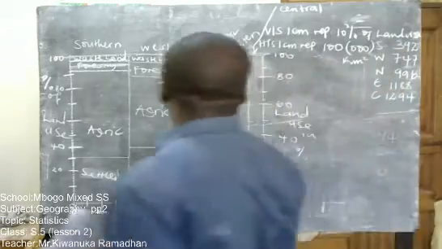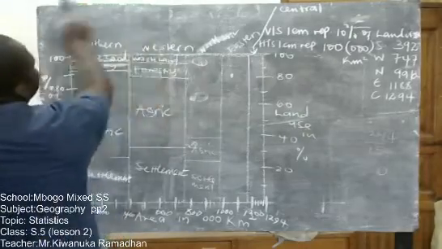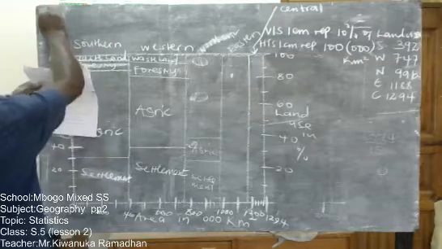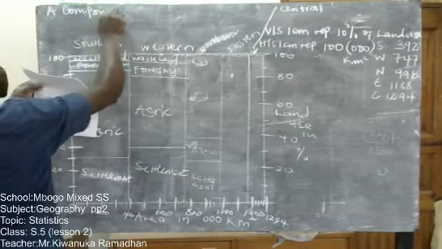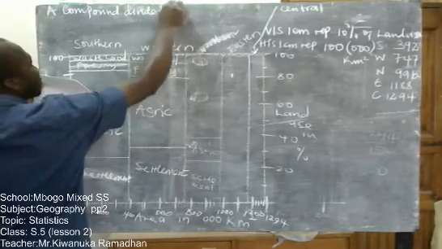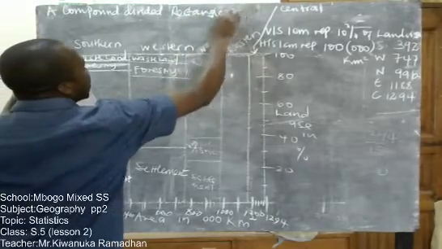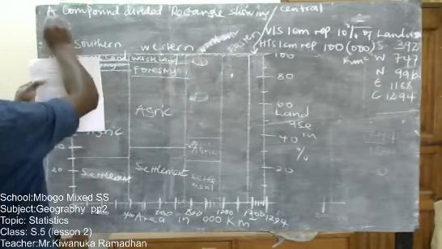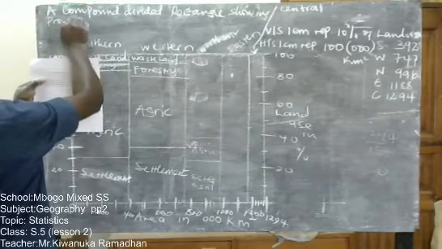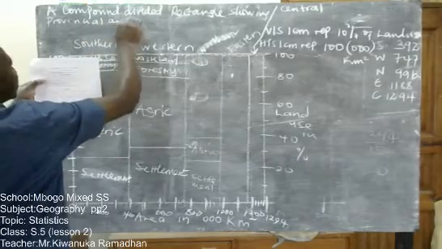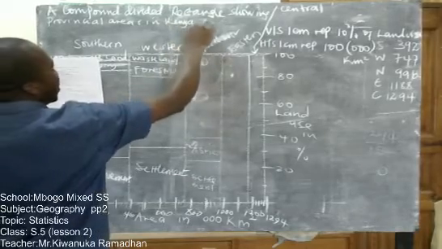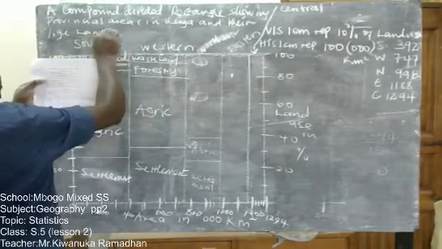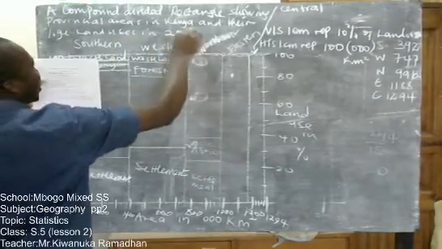Yes, and that title, we put it on top. We say a compound divided rectangle showing provincial areas in Kenya and their percentage land uses in 2006.